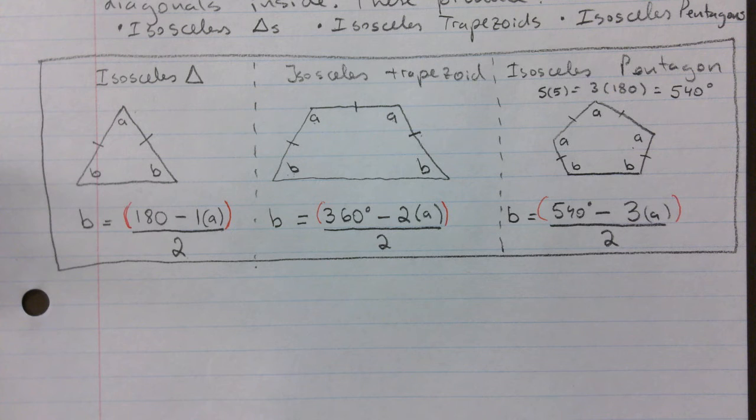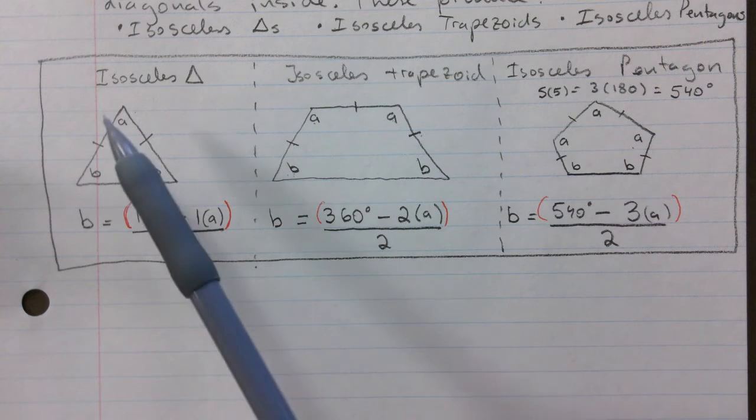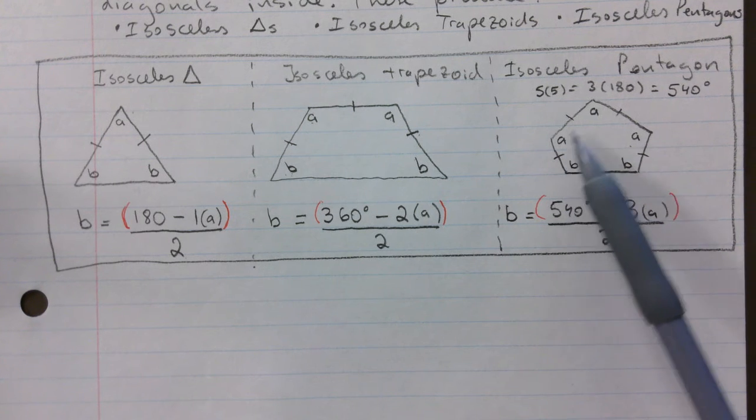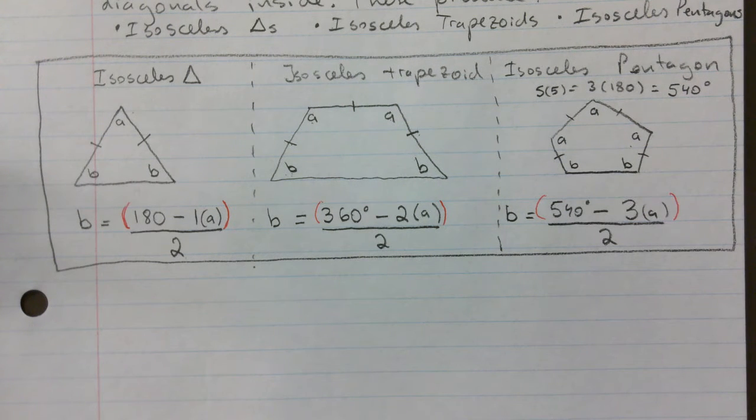And why did I always have the A's up here? Because if I go back to this, what is this really? This is the interior angle of this whole shape, so they will always be the same.